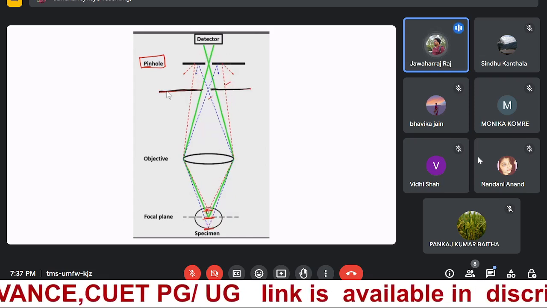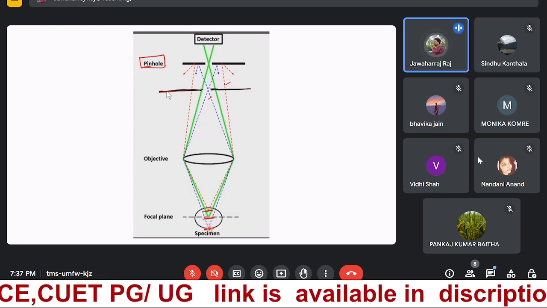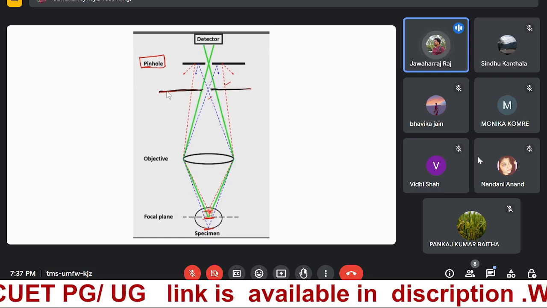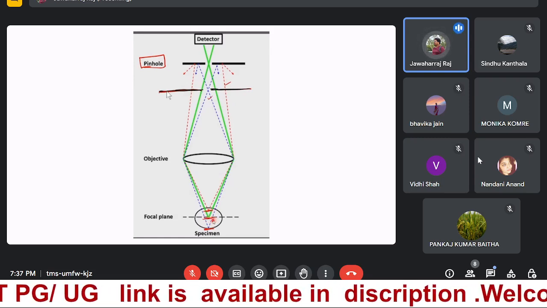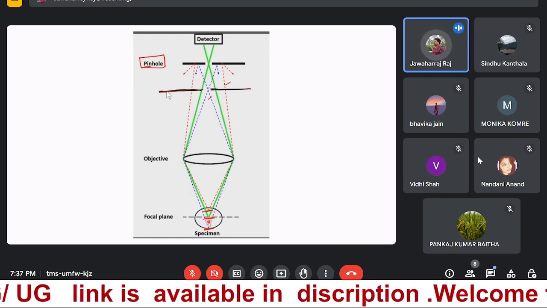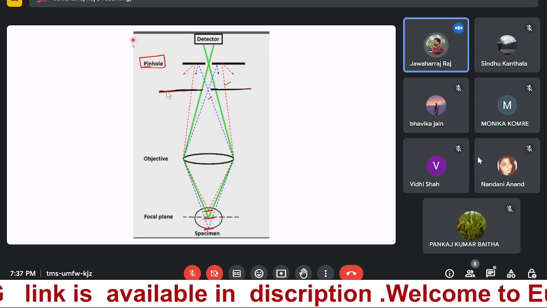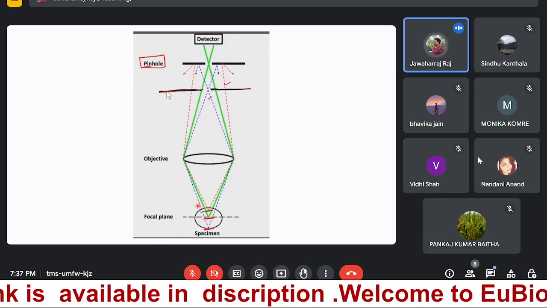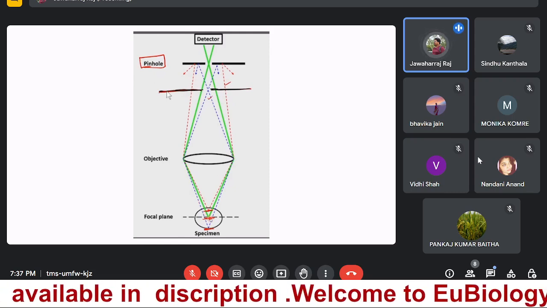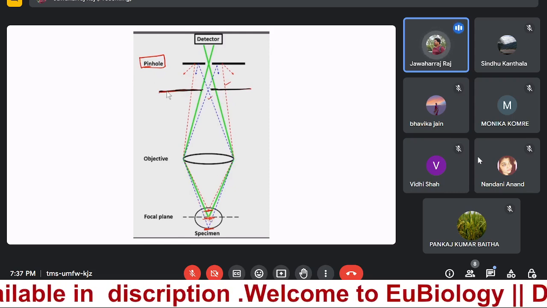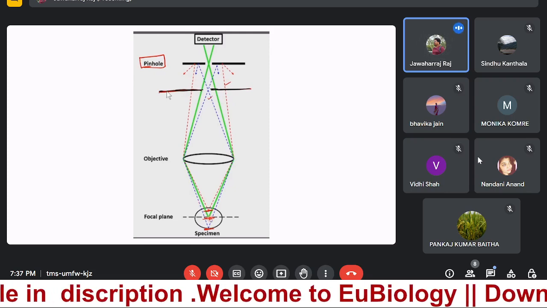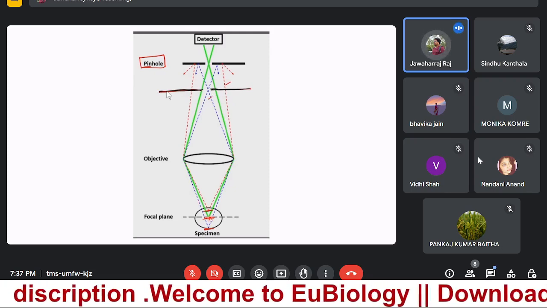We can focus on which part we want to see exactly, which focal plane you want to see exactly, and you can see a particular focal point of the specimen. That is the main use of the pinhole. Because of this, the resolution and clarity of your specimen is increasing.